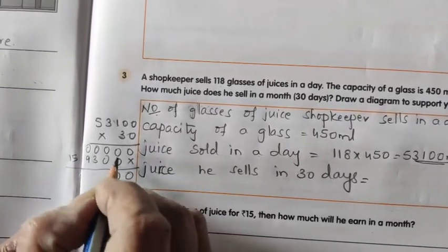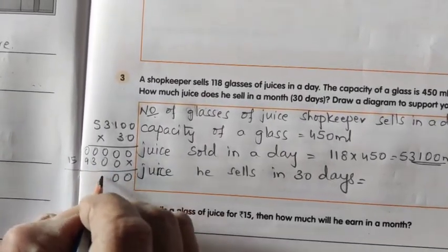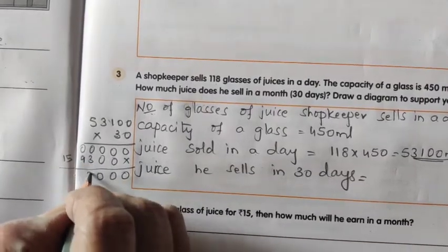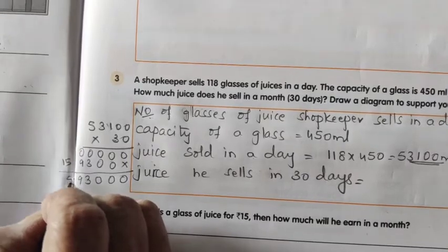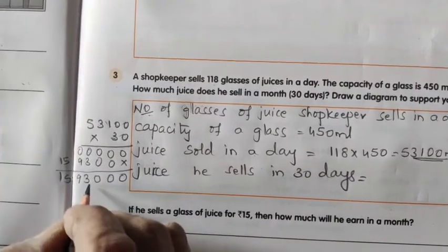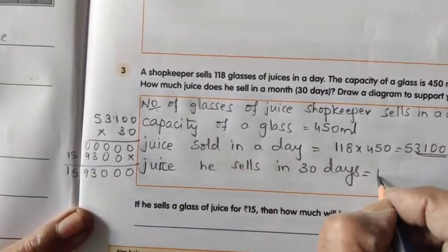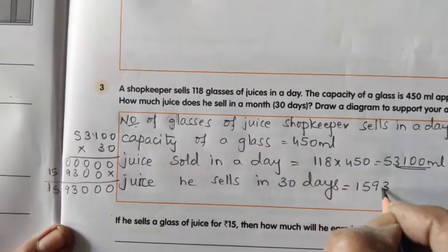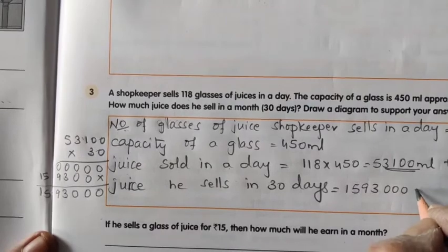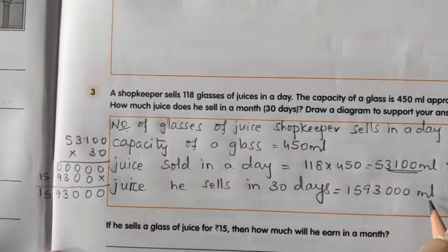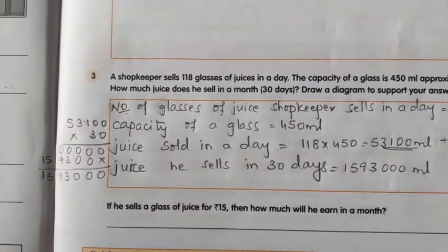So 1593000 milliliters of juice will be sold in a month.